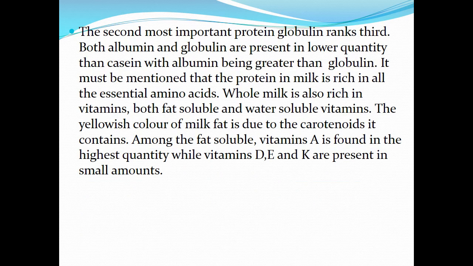One most important protein is globulin. Globulin ranks third. Both albumin and globulin are present in lower quantity than casein, with albumin being greater than globulin. It must be mentioned that the protein in milk is rich in all the essential amino acids.